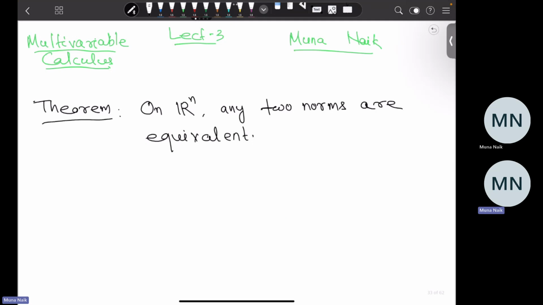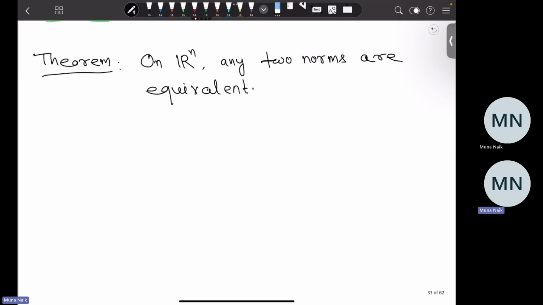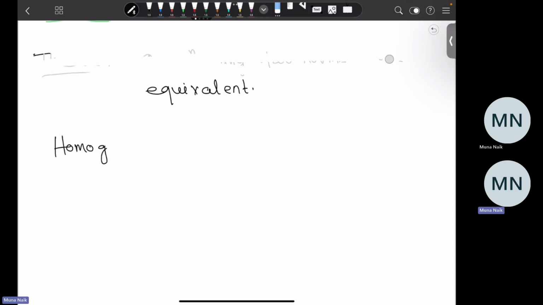Recall we have defined something called a homogeneous function.